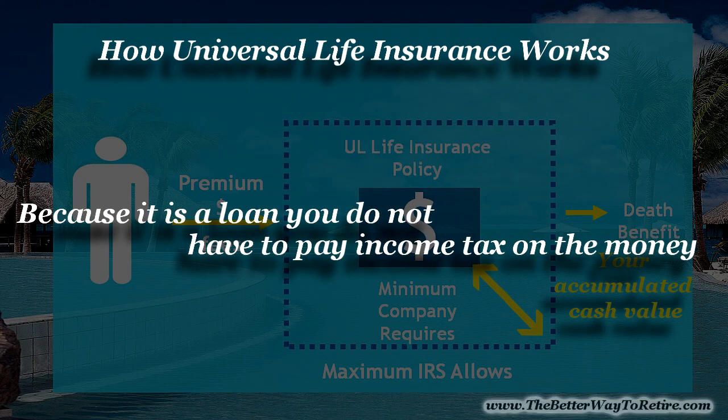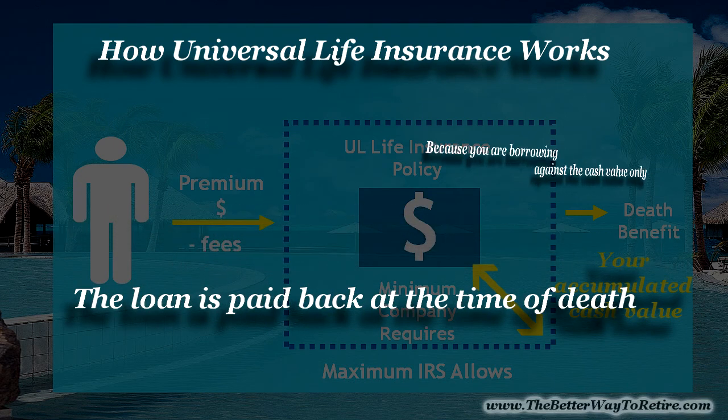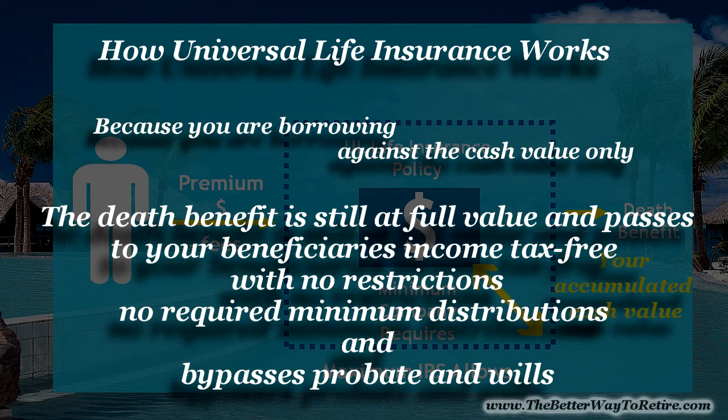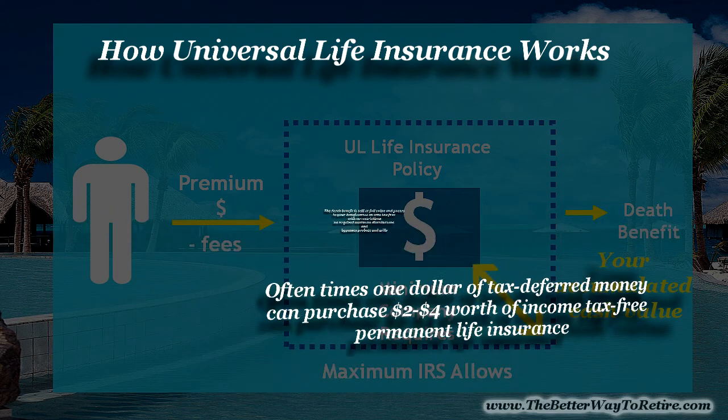Because it is a loan, you do not have to pay income tax on the borrowed money. The loan is paid back at the time of death. However, because you are borrowing against the cash value only, the death benefit is still at full value and passes to your beneficiaries income tax-free with no restrictions, no required minimum distributions, and bypasses probate and wills.